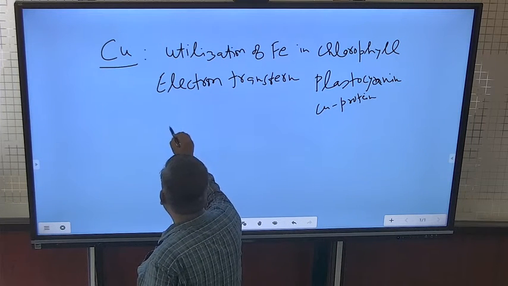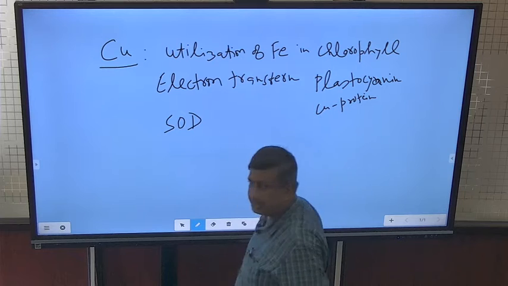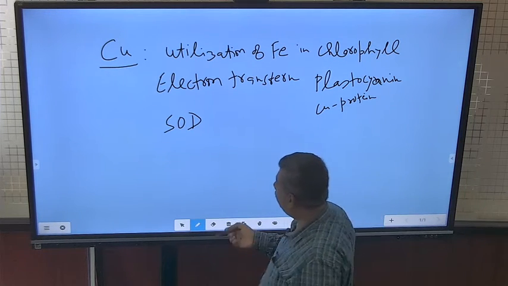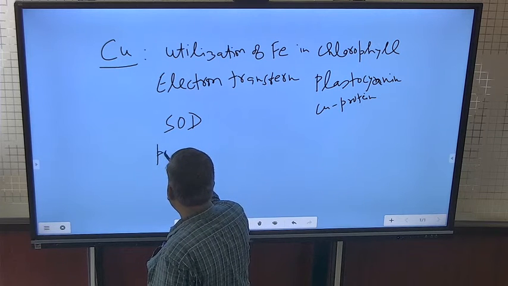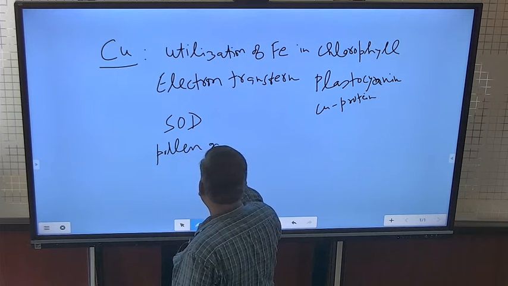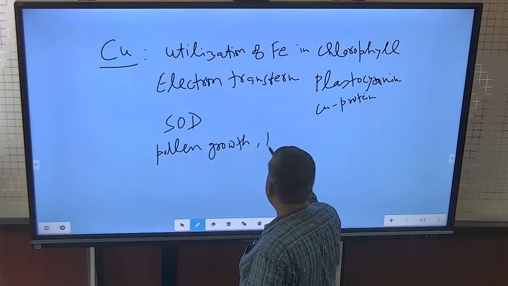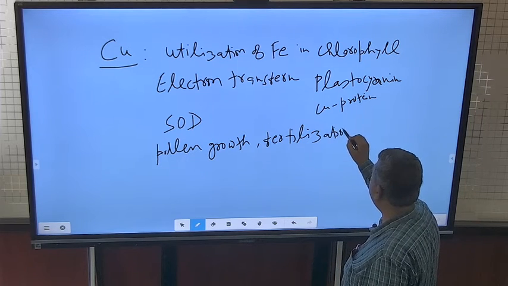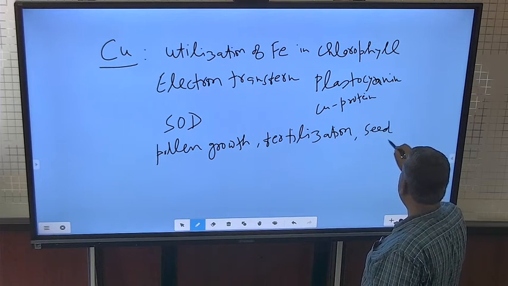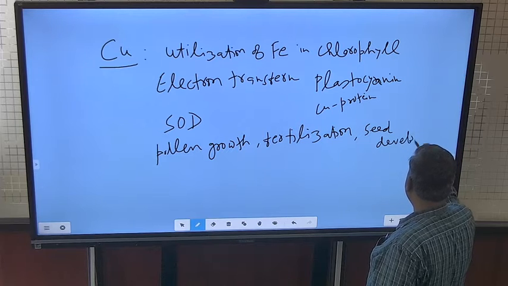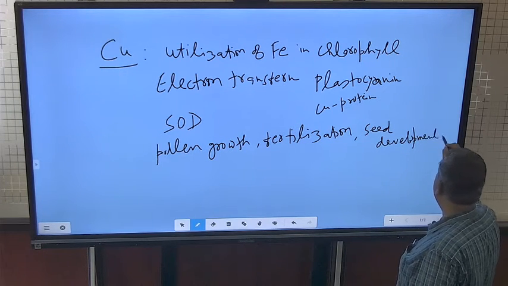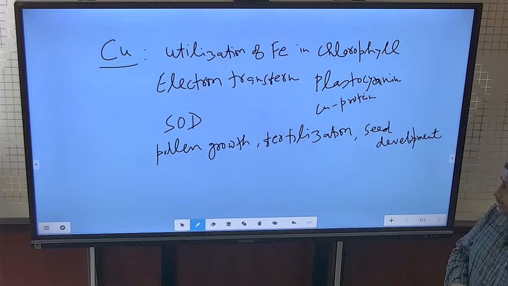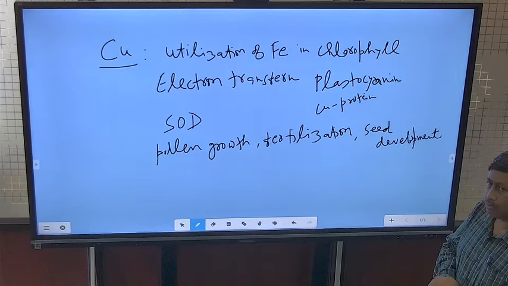Copper is also involved in production of SOD, superoxide dismutase, and in pollen growth, fertilization and seed development. So, this micronutrient is very important. Due to copper deficiency, there is poor fertilization and poor seed development. So, these are very important roles of copper.